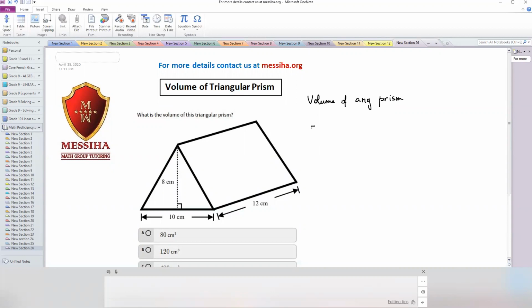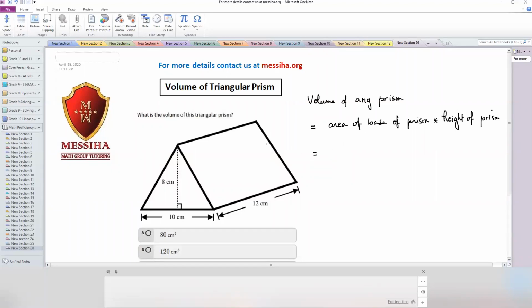So I'm going to make it more general: equal to the area of the base of the prism times the height of the prism. If you remember this one, you can use it for any type of prism. So the volume of any prism equals the area of the base.